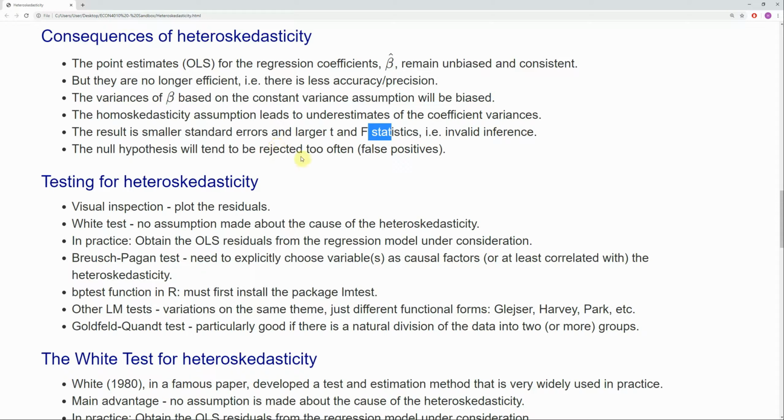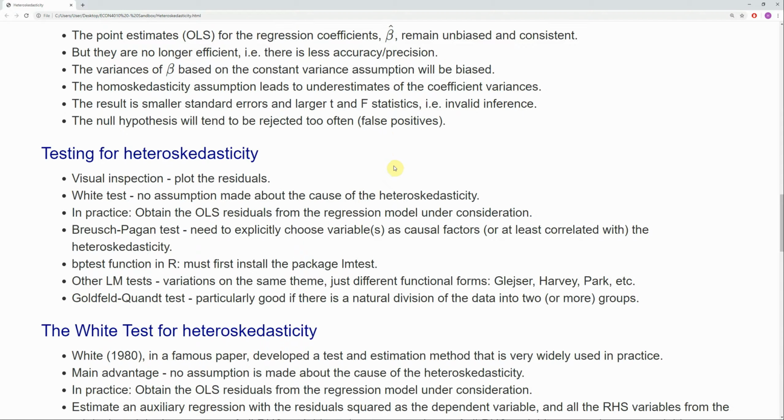And if we have the wrong significance assumptions, then we're going to have invalid inference. So in the case of neglecting the heteroskedasticity and assuming we have homoskedastic data, the null hypothesis tends to be rejected too often. We're going to have too many cases of false positives.